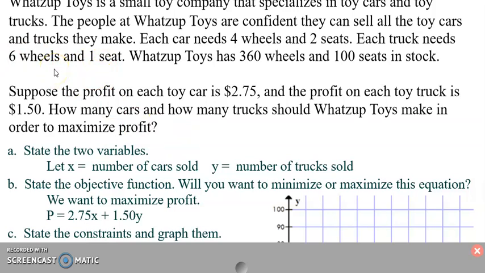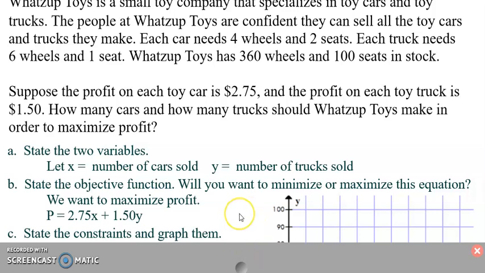So we have to think about whether our constraints, or limitations, are wrapped around a car and a truck, or a wheel and a seat. Well, the x and the y represent the car and truck, and we also have to have a total with our numbers. So 360 and 100 seem like the totals that we're going to use, and they have to do with wheels and seats. So our constraints are going to represent wheels and seats.